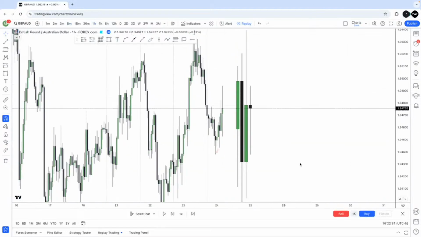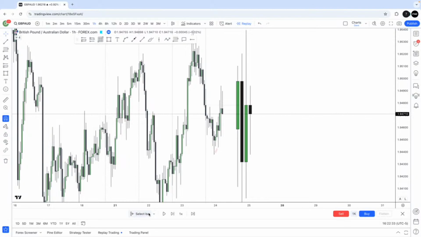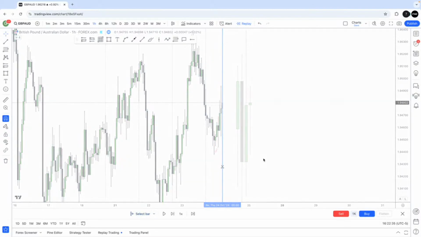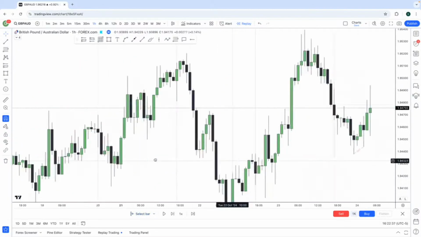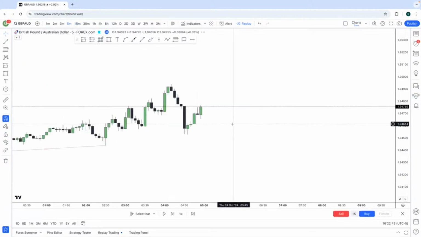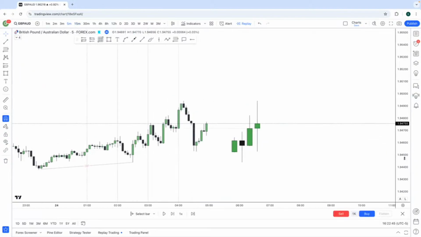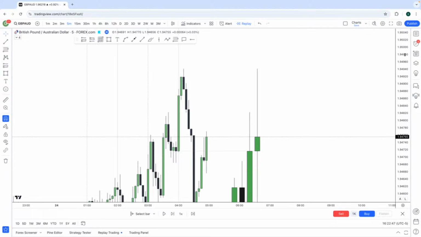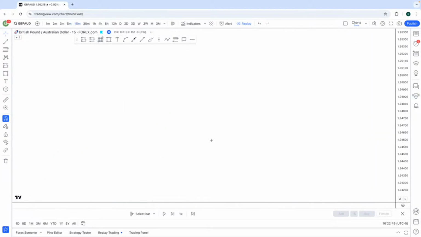And I think there's another, yeah, on this close here, you create another model, possibly. This manipulation here. Let's see. Okay, no, never mind. It's way too far away. I wouldn't trade that.